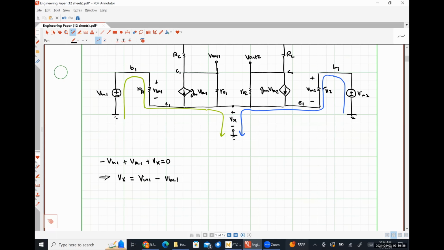Very similarly, I would have negative VN2 plus VBE2 plus Vx is equal to 0. And so now I can say that Vx is simply VN2 minus VBE2.